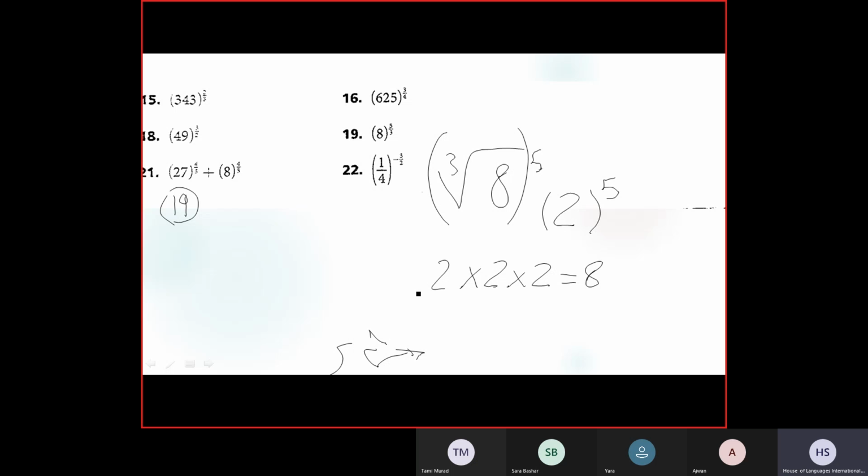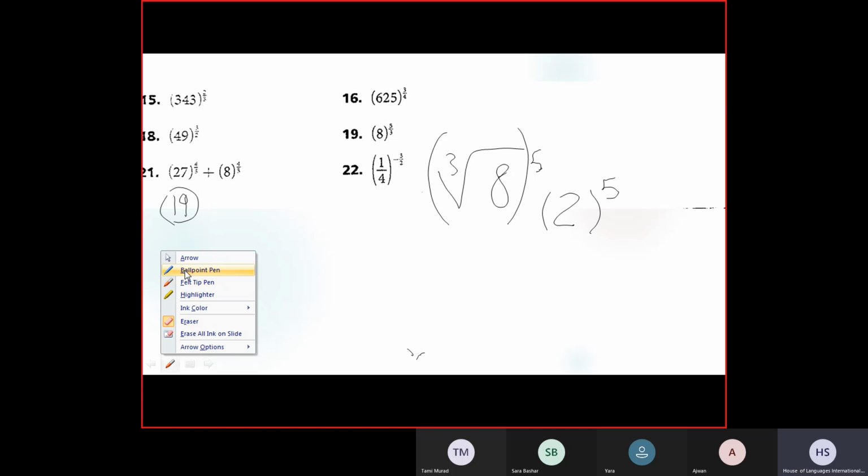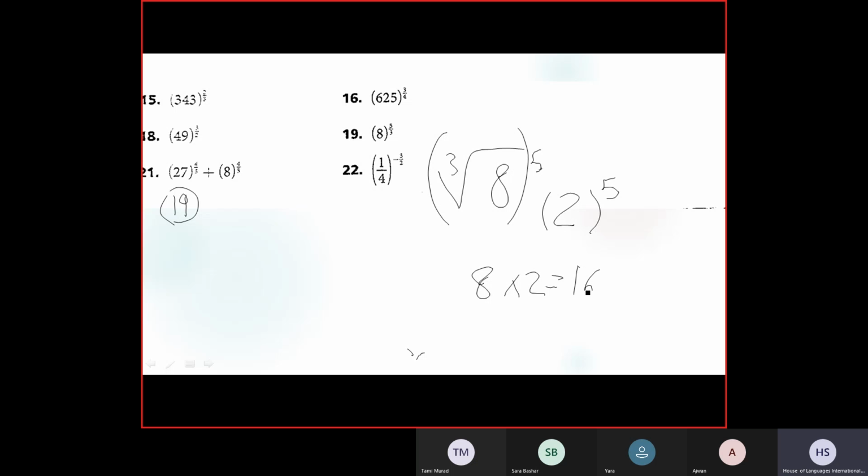Let's Maria continue. Power 5. Yes, multiply. This is how many 2s?